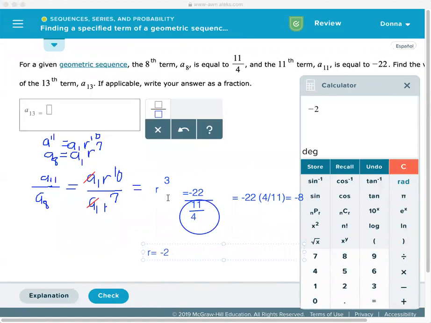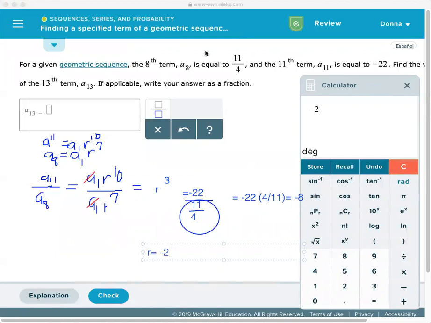So if they had given you A12 and A5, you would just do 12 minus 5, that's 7. So I know the ratio of those two is going to give me r to the 12 minus 5, which is r to the 7th, and then I can solve for r.